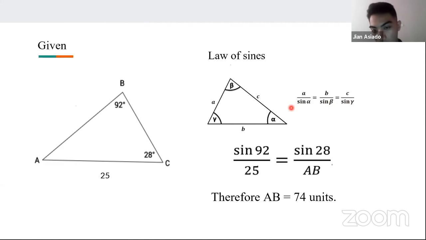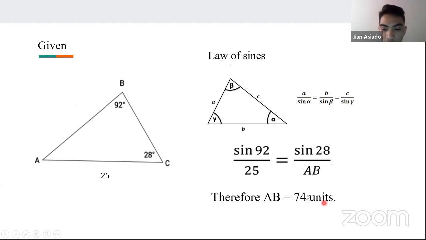So, A over sine alpha equals the ratio of B over sine beta and C over sine gamma. It's pretty self-explanatory. Sine 92, its opposite is 25. Sine 28, its opposite is AB.